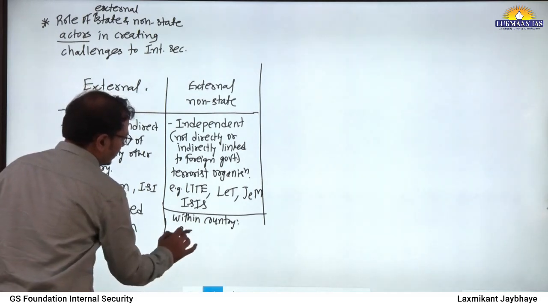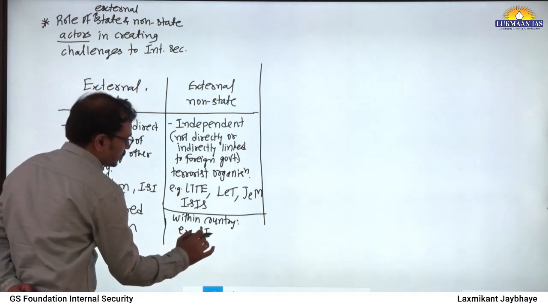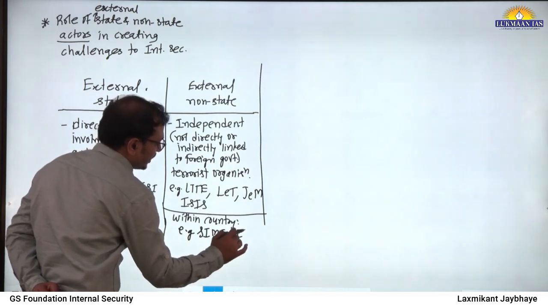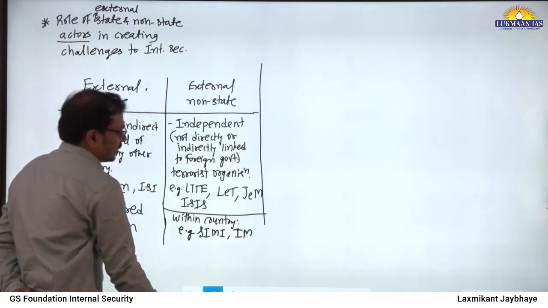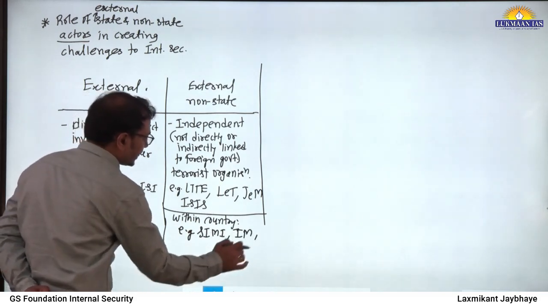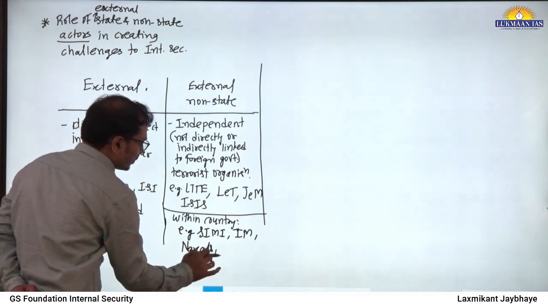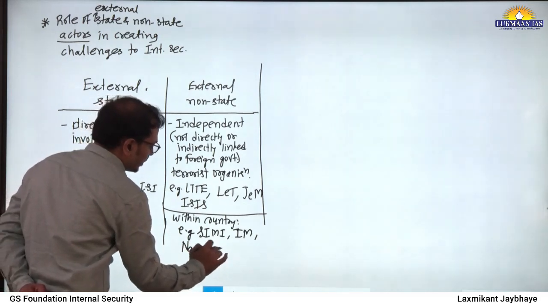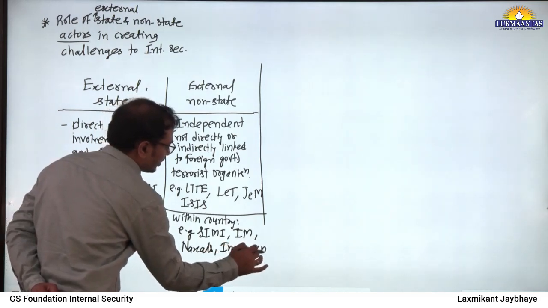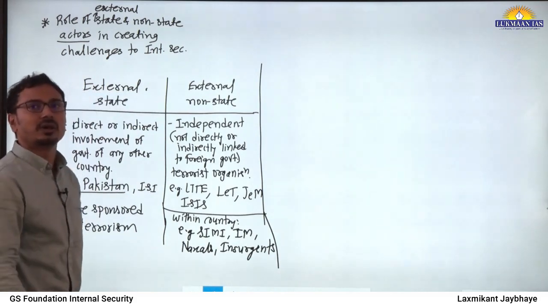So you will give some examples like SIMI, Student Islamic Movement of India. You can give the example of Indian Mujahideen. Then you can give the example of Naxalism. You can give the example of insurgent groups in the Northeast. They are also non-state.